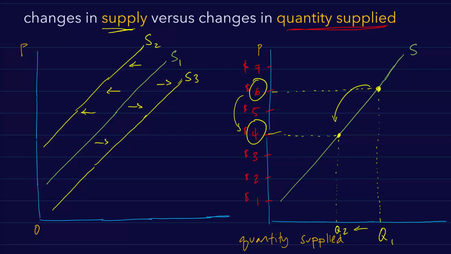So this means that at every price, when supply changes, at every price, the quantity supplied is going to either increase if supply is increased, or it's going to decrease if supply is decreased.